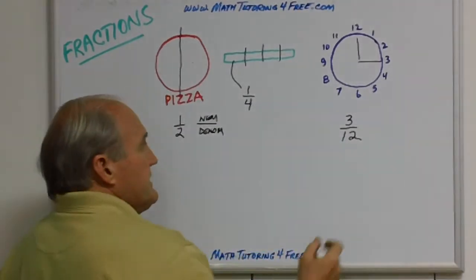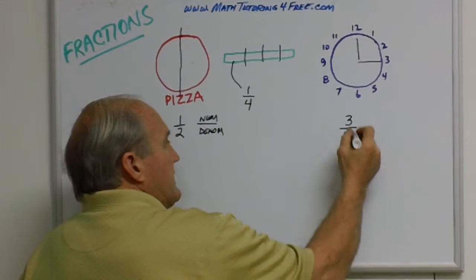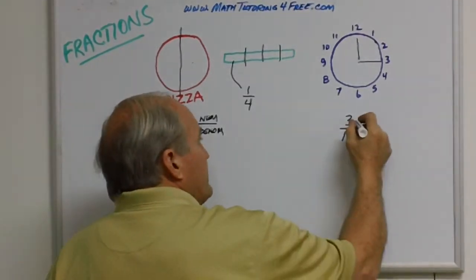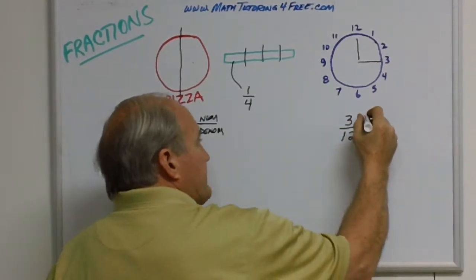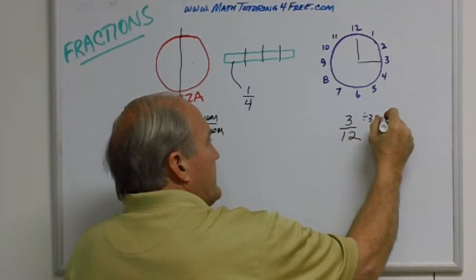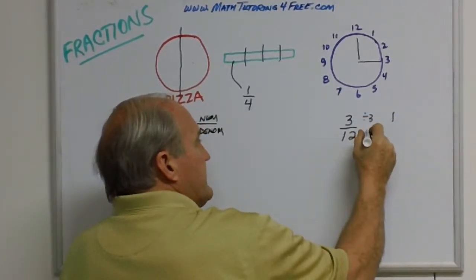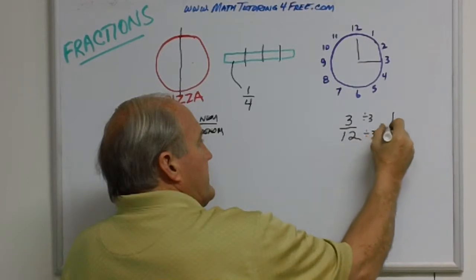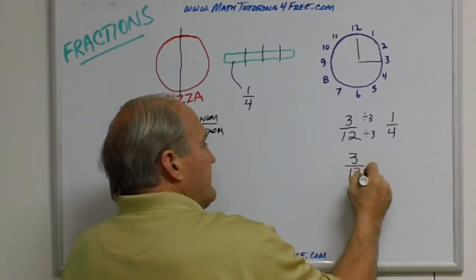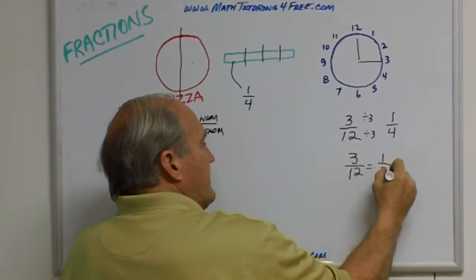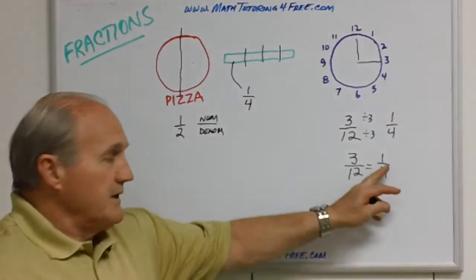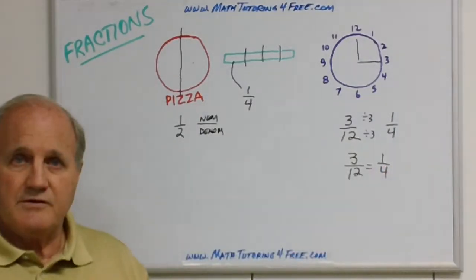In this case, 3 will go into both 3 and 12. If we divide the numerator by 3, we get 1. If we divide the denominator by 3, we get 4. So 3/12 is equal to 1/4, and that is a fraction in its lowest form. We can't go any lower than a 1 in the numerator.